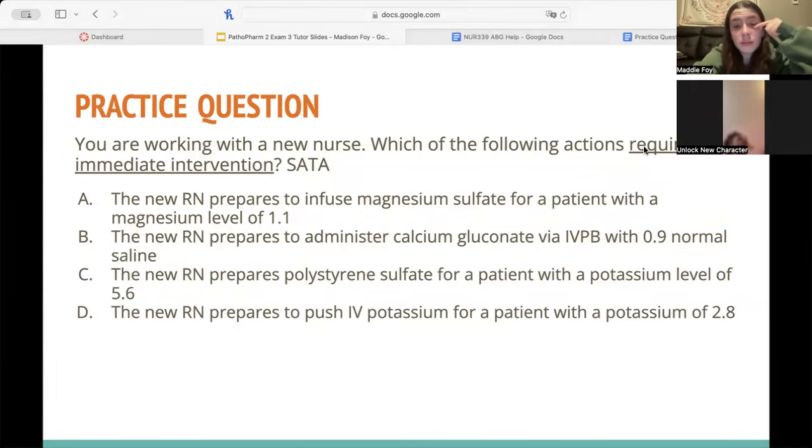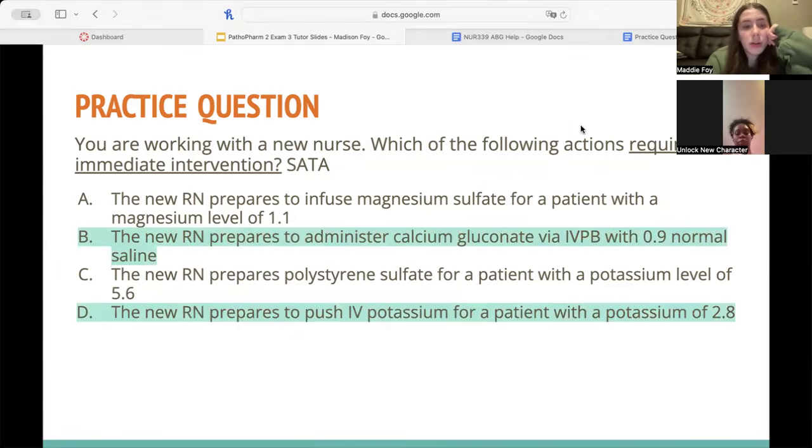Yeah, you guys are doing awesome. This one was another one of the trickier ones. I'm seeing a lot of the right answer, so I'll go ahead. This is B and D.